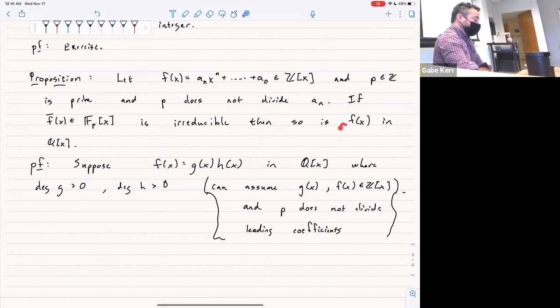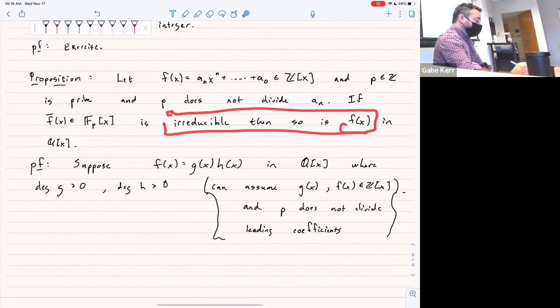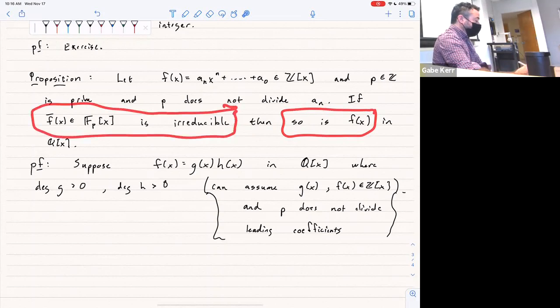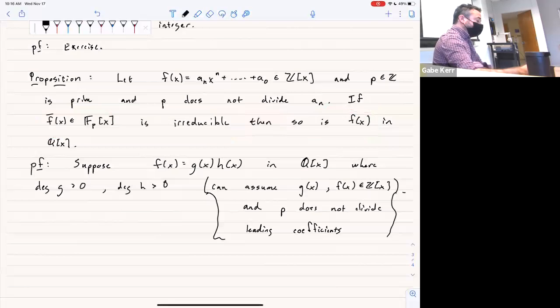I'm going to assume that f is reducible, and I'm going to conclude that it's reducible in F_p. The contrapositive is like if I have A implies B, it's the same thing as saying not B implies not A.